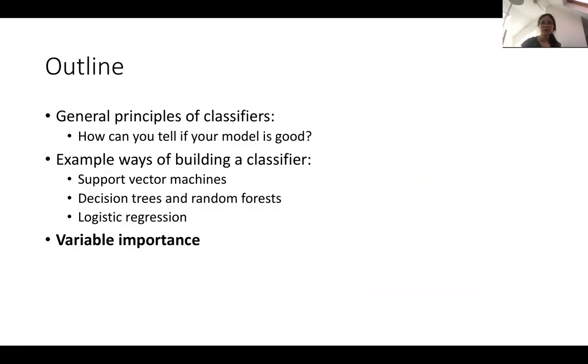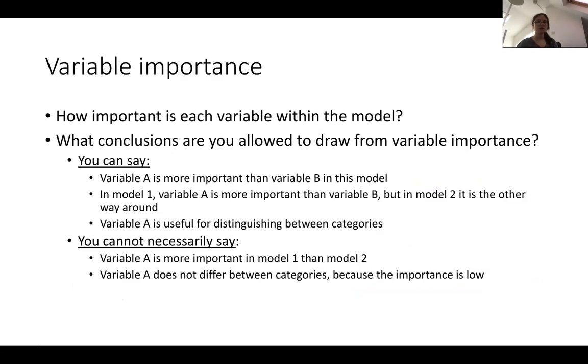Then we'll briefly touch upon variable importance. Once you have a model, you can ask, how important is each variable within the model? We're not going to go over how variable importance is defined in SVMs, random forests, etc. However, it's important to know which conclusions you're allowed to draw when you interpret the variable importance.